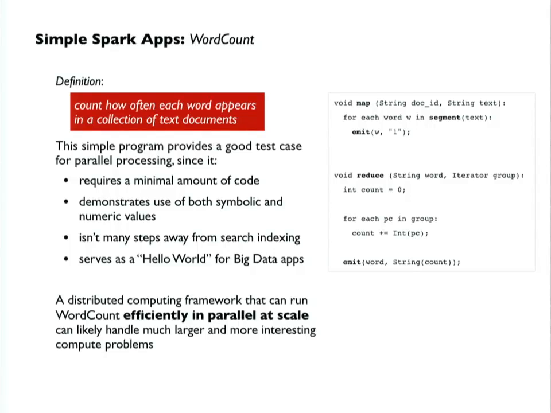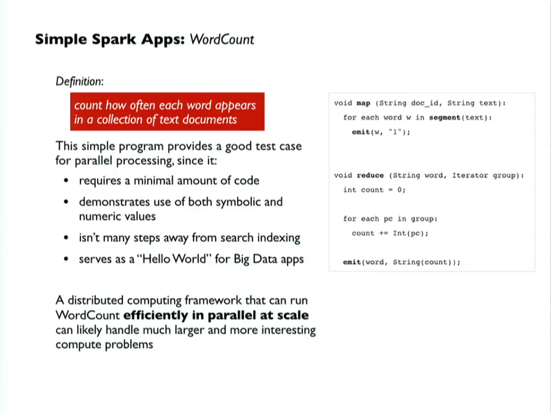Okay, I want to shift gears a little bit and show some apps. Here is a word count. Has everybody here seen word count before? I'll take that as a given. Word count is kind of a hello world for big data. It's really a canary in a coal mine. It's a very short, concise, simple program to write, but it includes parts that are both numeric and symbolic.